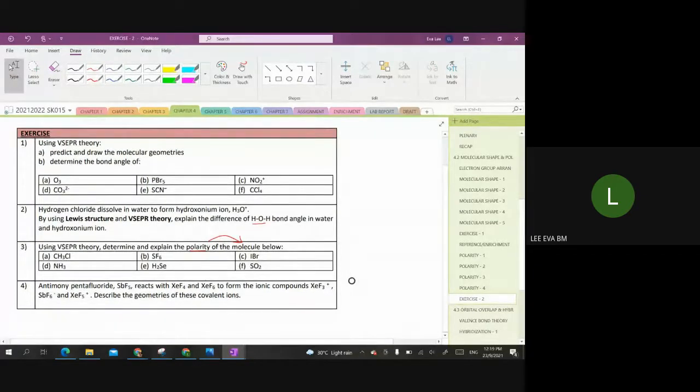Okay, and then last question is to combine everything inside a question. Dia bagi scenario dan dia suruh awak describe geometry. Geometry maksudnya shape, untuk ion. So dia minta shape untuk XeF3 positive, SbF6 negative and then XeF5 positive.